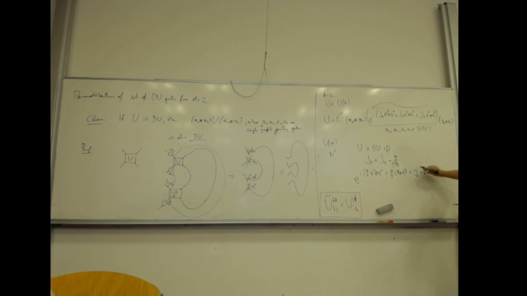You can take Jz as pi over 4 plus some j, which is some constant, right? And now this becomes, up to a phase, which I don't care about now, a swap, a permutation, times e to the ij sigma z across sigma z.